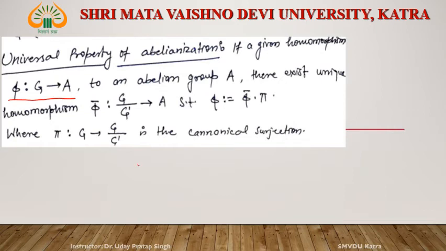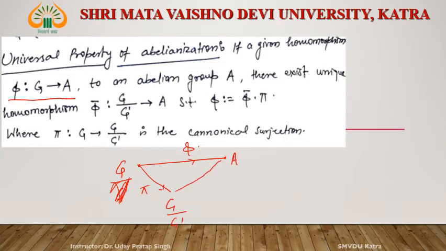It means what is phi? From G to A, this is phi, and from G to G by G prime, this is pi.